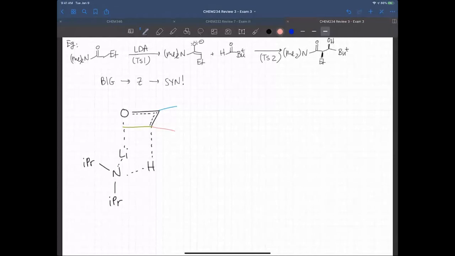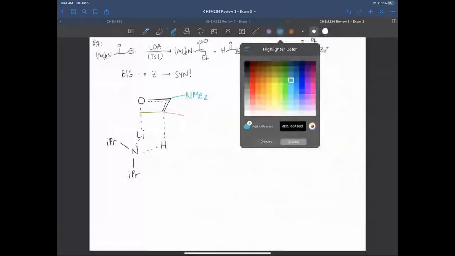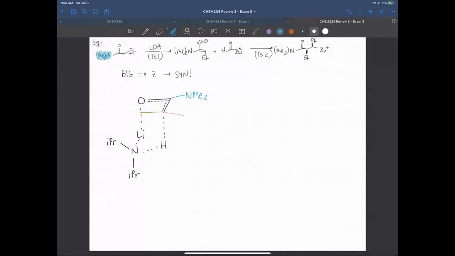Okay, good. So the blue one is NMe2. No, Ariel. Remember, this is the first transition state right here. So in the first transition state, we have not touched any of the aldehydes yet. We're still working with our starting material, which is the dimethylamine here, right? And then I have this here, right? So what do you think the ethyl is?